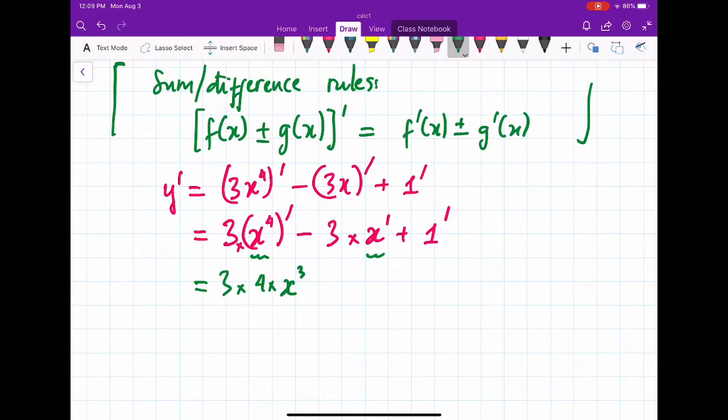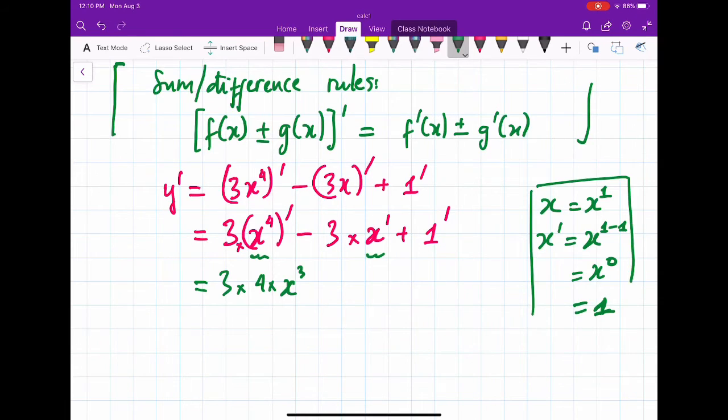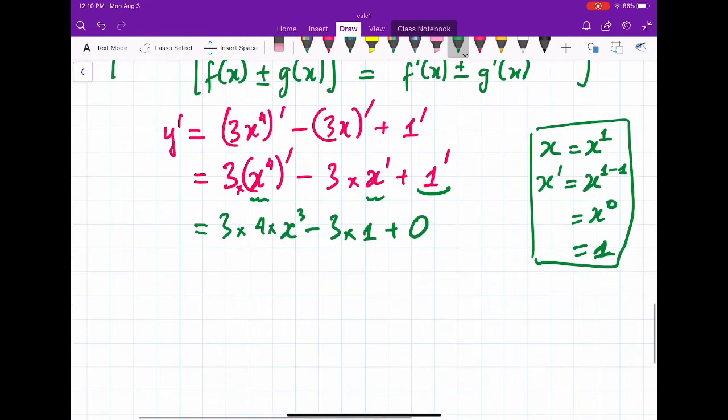And since x is x to the 1, the derivative of x is x to the 1 minus 1, which is x to the 0, and that is 1. You use the power rule, so the derivative of x is just 1. I write 3 times 1, and what is the derivative of 1? That is 0. Why?